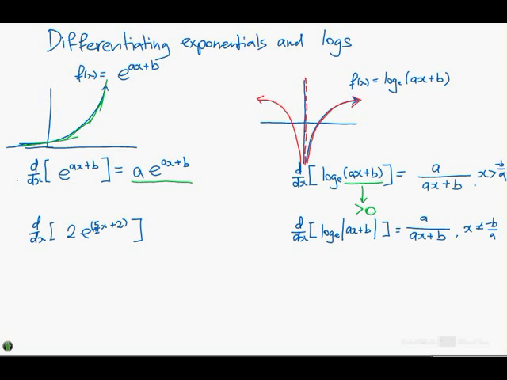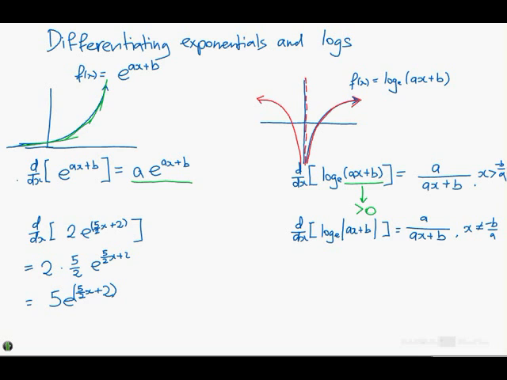You use your rule, so the 2 stays out the front, times a, which in this case is 5 on 2. So you'd bring a to the front, and you'd keep the power on the e exactly the same. So it's simply 5e to the 5 on 2 x plus 2. Simple, right? All of this is the power.